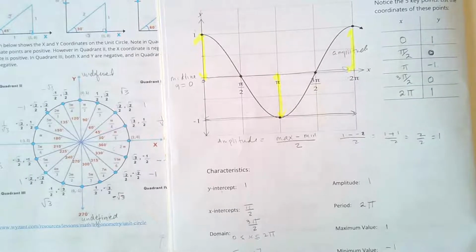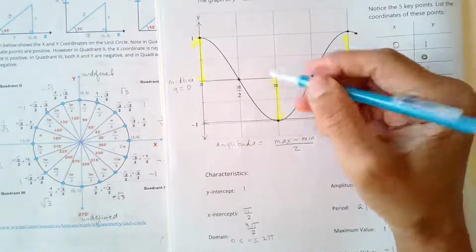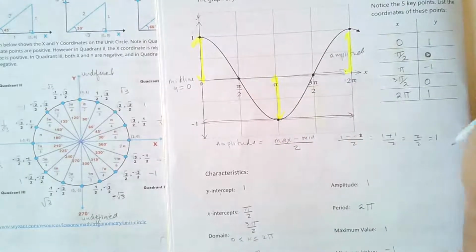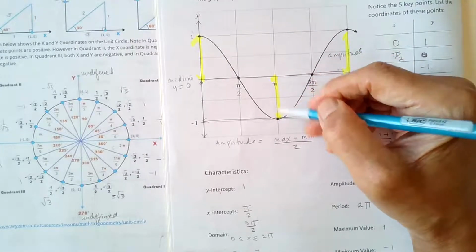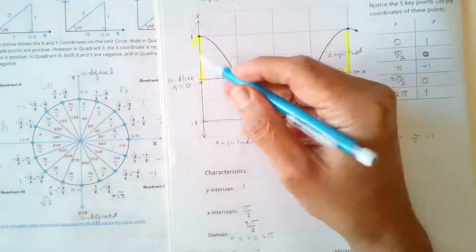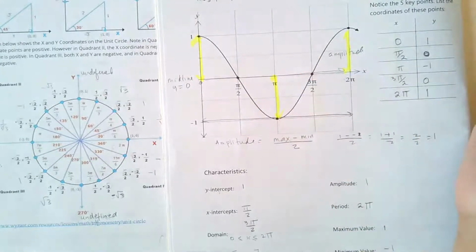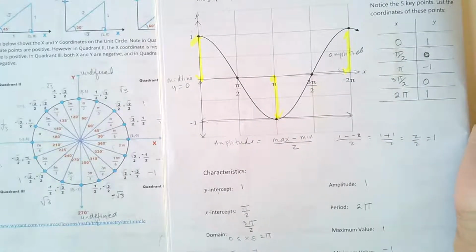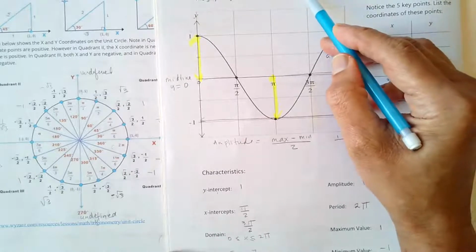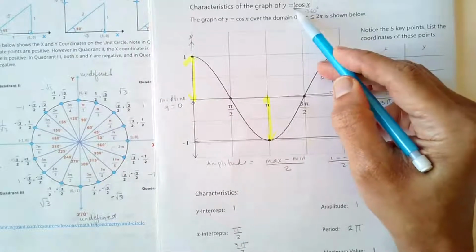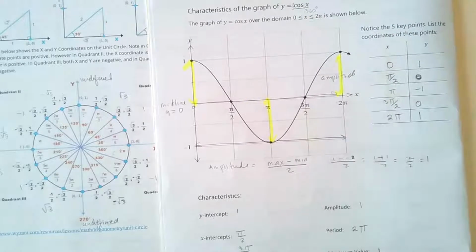That's the algebraic way of finding it. But if you're given a sketch, you can find the maximum minus the minimum, or from your equation, the A value. Later on I will show you what that A means.